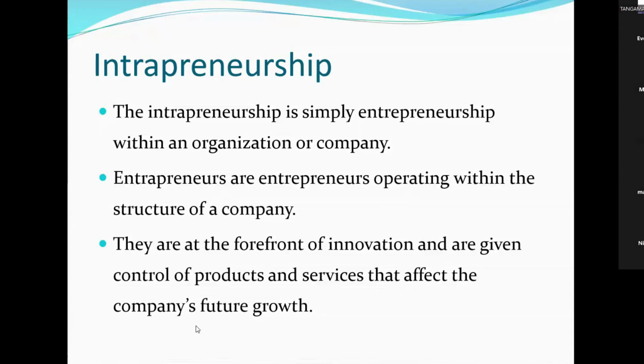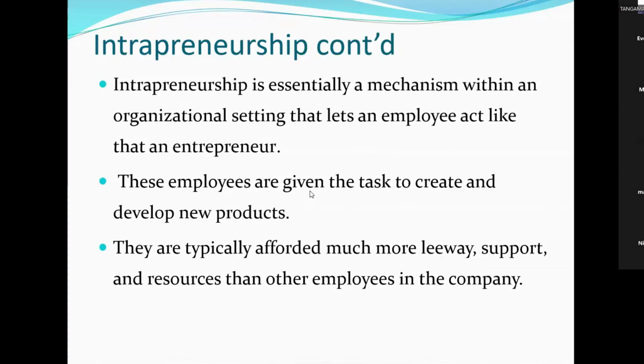They are at the forefront of innovation and are given control of products and services that affect the company's future growth. Intrapreneurship is essentially a mechanism within an organizational setting that lets an employee act like an entrepreneur, and these employees are given the task to create and develop new products.